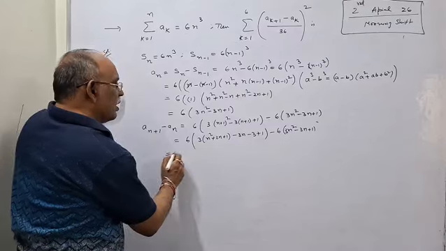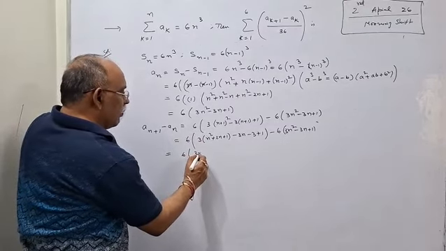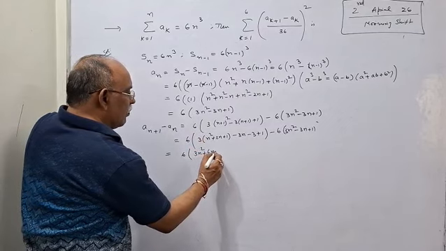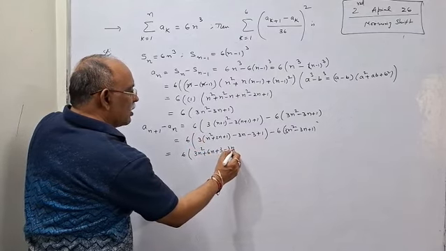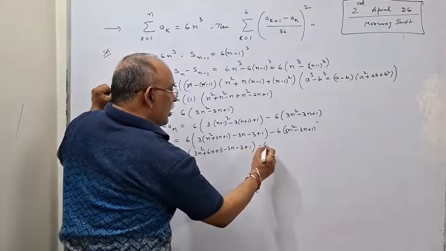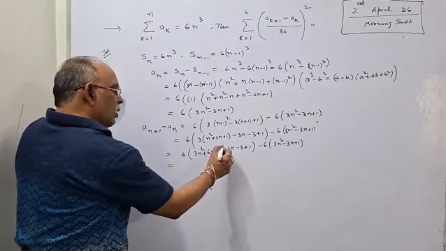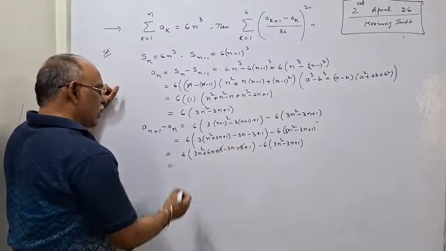Now here what you get? 6 into 3n square plus 6n plus 3 minus 3n minus 3 plus 1 minus 6 into 3n square minus 3n plus 1. Now this is equivalent to, the expansion, minus 3 plus 3 are get cancelled.